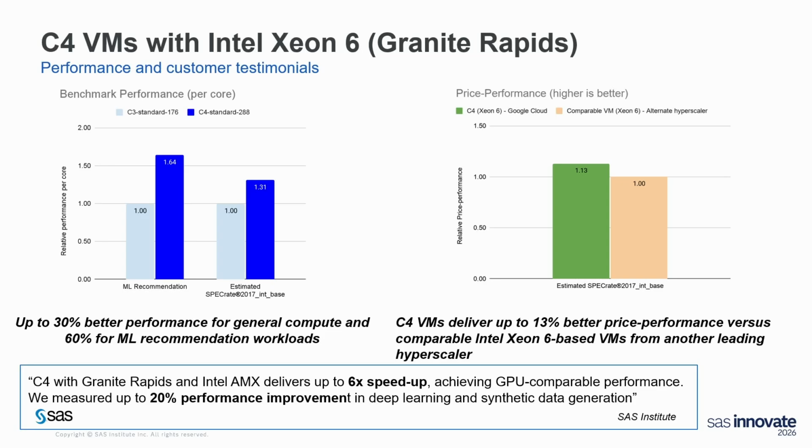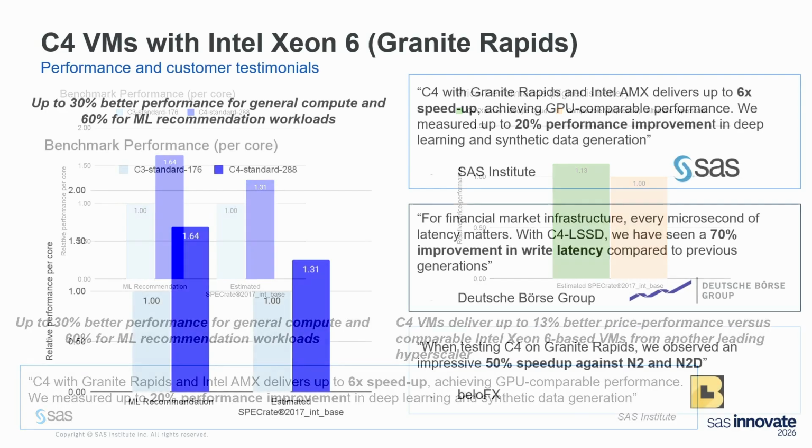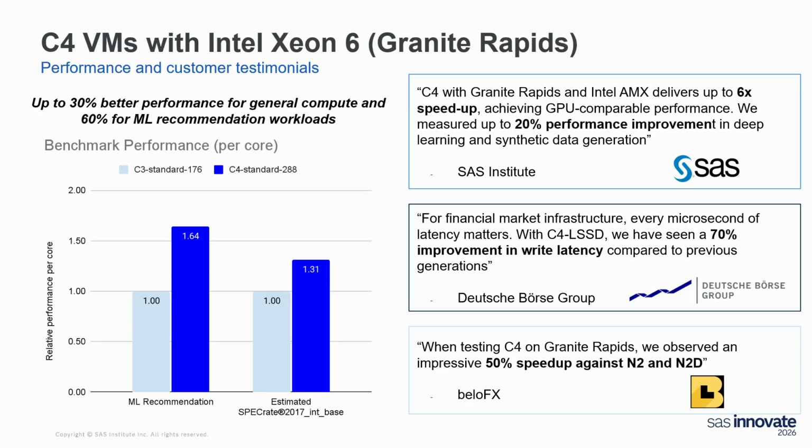When you get into deep learning and synthetic data generation, you're looking at a potential 20% improvement. Digging deeper, for these ML workloads, like recommendation, we're seeing a 60% performance gain. And then Sas's quote is a great neighbor to some of the other customers where we're seeing velocity, just general velocity, and then latency improvements of 50 to 70%.